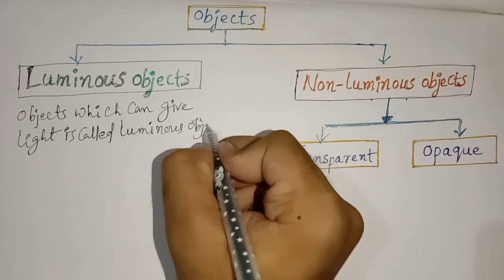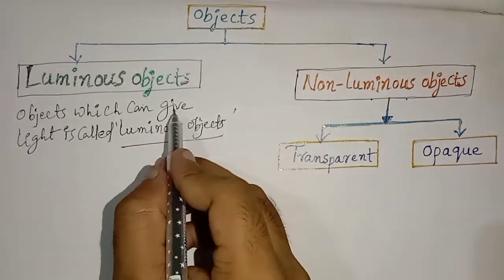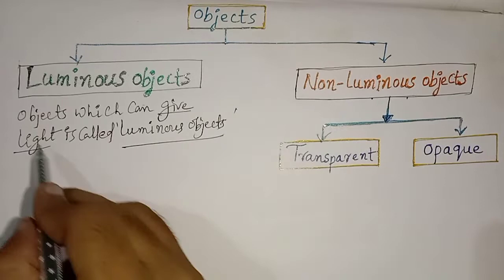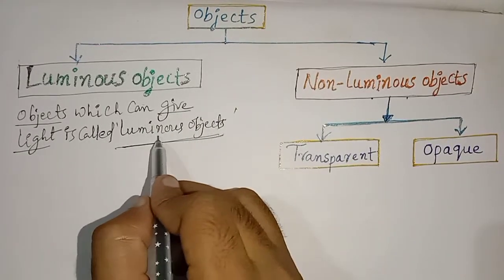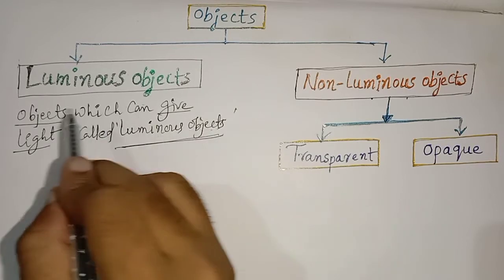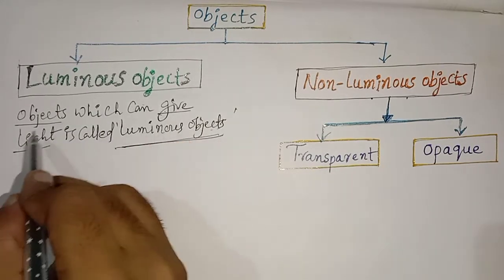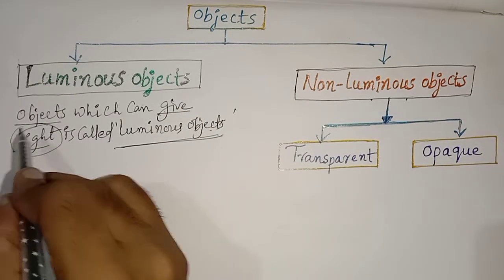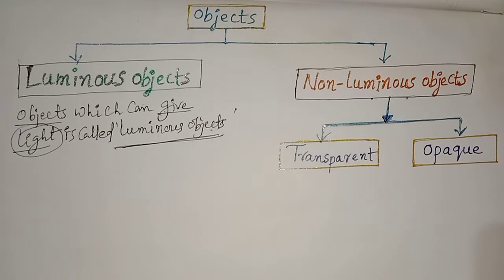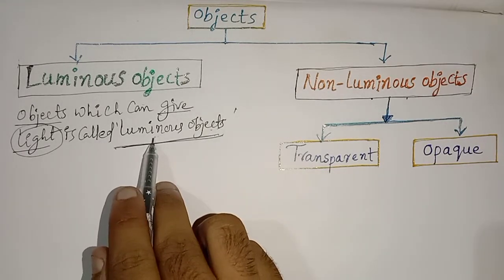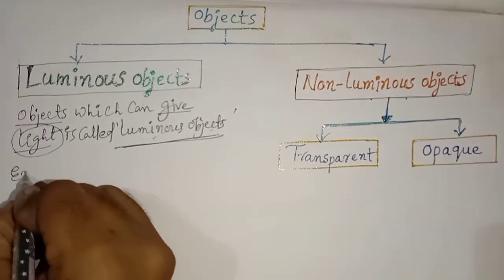So what is a luminous object? Luminous objects are nothing but those objects which can give light. Objects can give what? They give light. So such objects are called luminous objects.